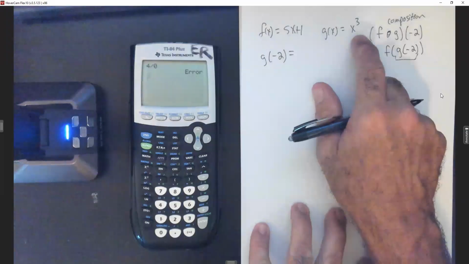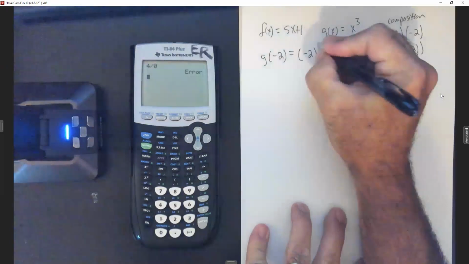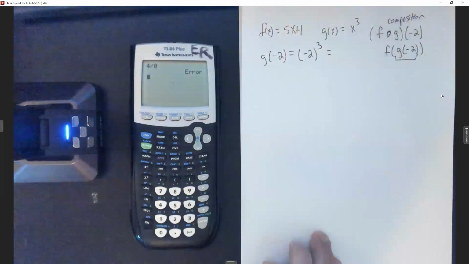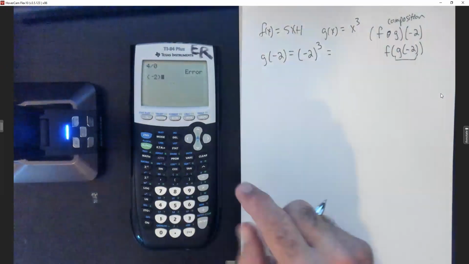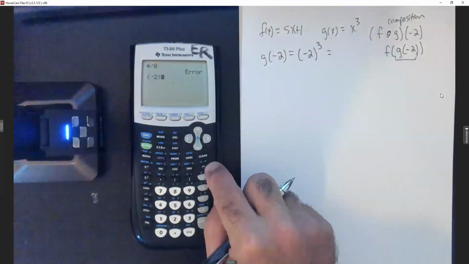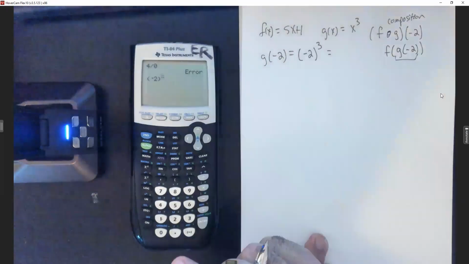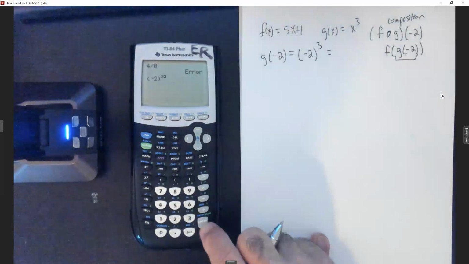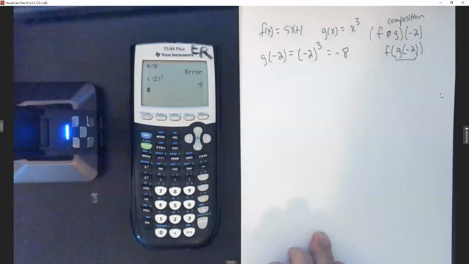In place of the x, I'm going to put a negative 2 and raise that to the 3rd power. So calculator knocks them out pretty quick. So I'm going to put my negative 2 in parentheses. I'm going to use the caret key, I call it. Looks like an upside down V to get my exponent. And then my exponent was a 3, it looks like. So that's going to do negative 2 times negative 2 times negative 2, which is a negative 8.